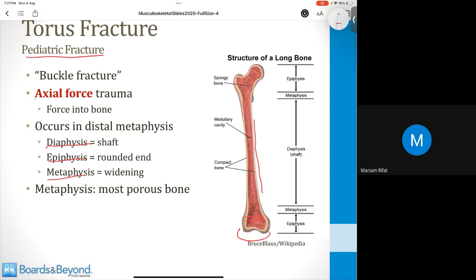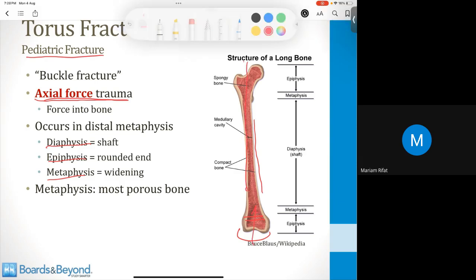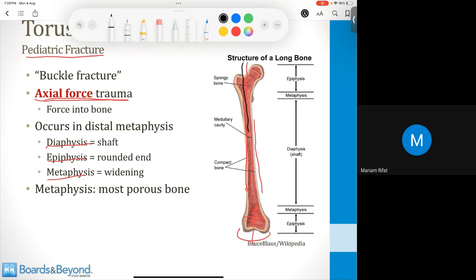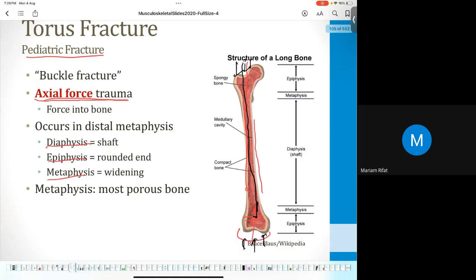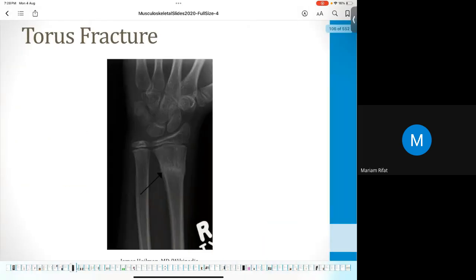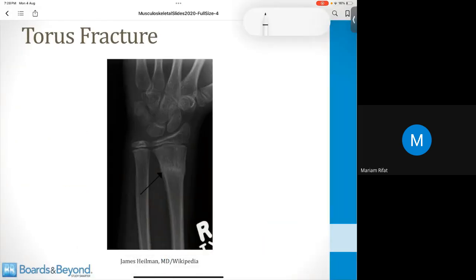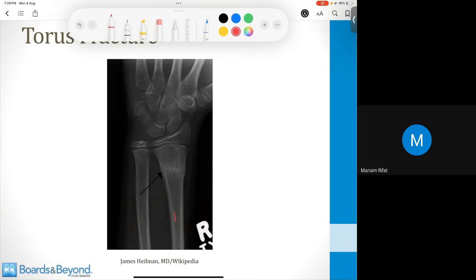So in a torus fracture, you have an axial force trauma. What do I mean by axial? The force is going to act in this direction, along the axis. You can see the force is directed along the axis of your bone, so it's an axial trauma. If I apply a lot of force in the axial direction, this portion of the bone gets pushed into one another, and in this way you have a fracture.